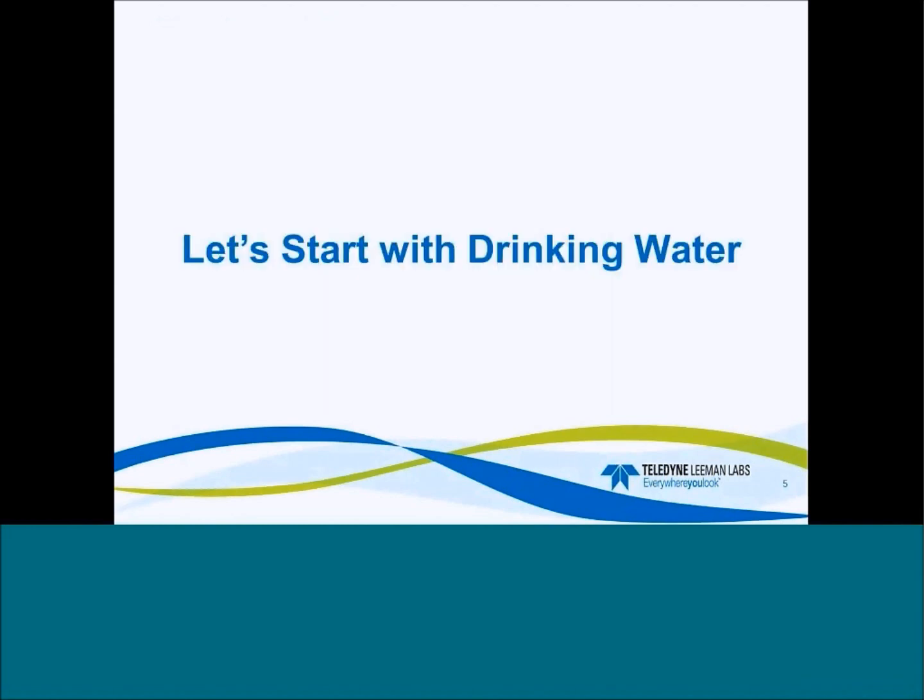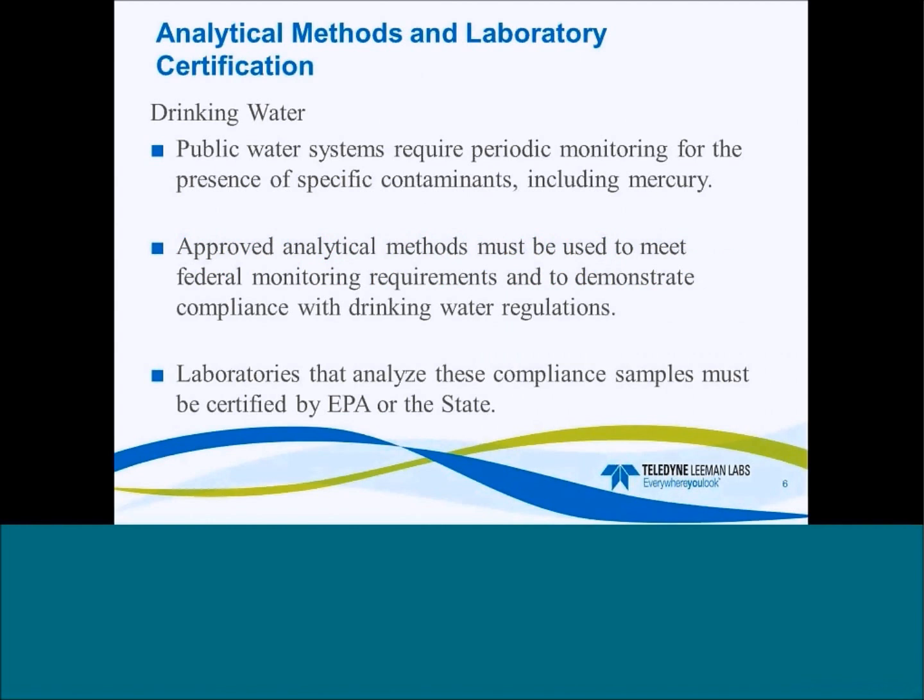So let's start with drinking water. Typically, for analytical methods and laboratory certification, drinking water requires that all public water systems have periodic monitoring to make sure that specific contaminants aren't present, and that includes mercury.